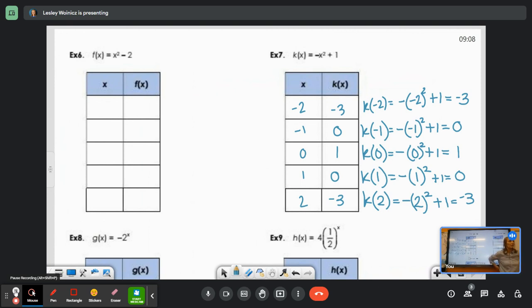Notice anything goofy? Any fun patterns popping out? Look at my outputs, my y values, my k of x's.